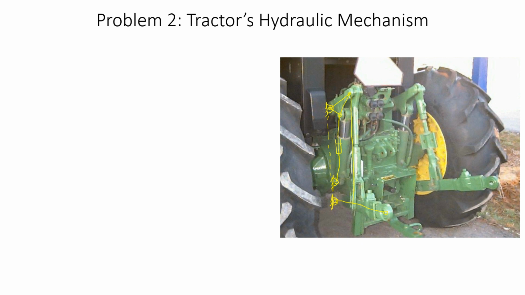So which means that you have a complex linkage mechanism at the rear side of this tractor, which is going to be governed by the hydraulic actuator, forcing these extended links to drop down and upwards, thus making the tractor plow the fields or prepare the fields accordingly.